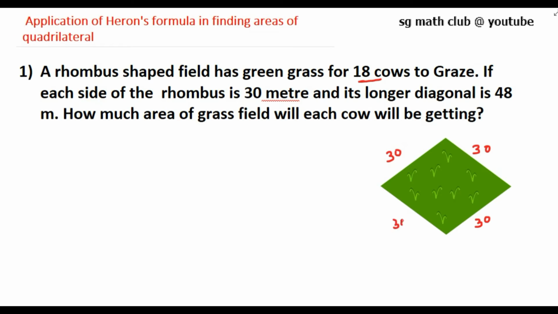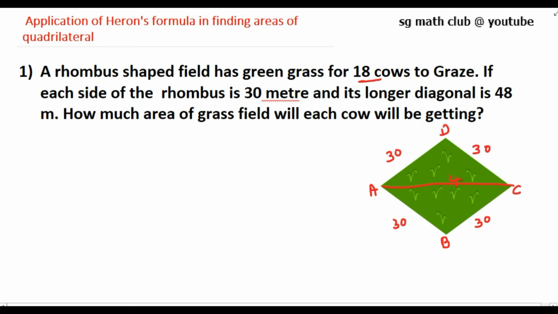So they have given the side of the rhombus as 30 meter and the longer diagonal is 48 meter. So one of the diagonals they have also given. If you name this rhombus as ABCD, one longer diagonal they have given as 48 meter.